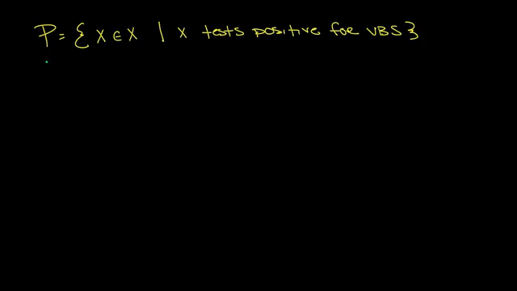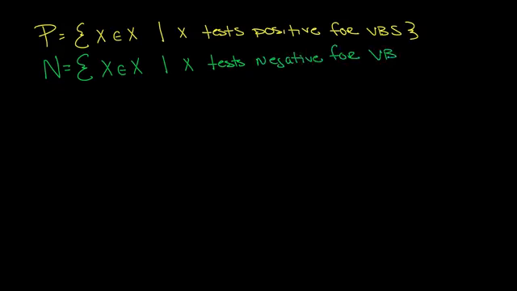And let's let N, for negative, be the set of x in X such that x tests negative for VBS. So again, you take the test, the clinician looks at the test, and indicates you test negative. Doesn't mean you're in the clear, it just means you tested negative.